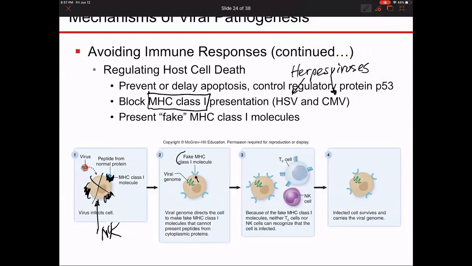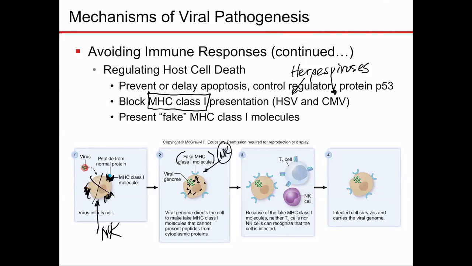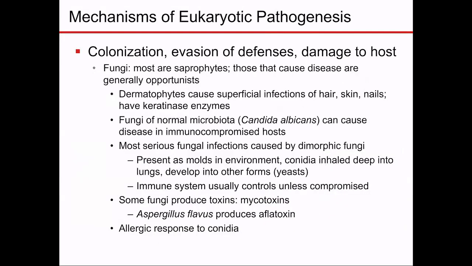It's a fake MHC class 1 just to trick the immune system. So if a natural killer cell walks by and sees that fake MHC class 1, it is going to think that that cell is normal, that nothing is wrong with that cell. In the meantime, the virus is replicating inside that cell. So, a very interesting mechanism that this virus has used to evade the immune response.